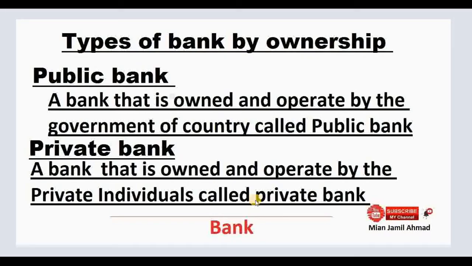The ownership of the bank is led or controlled by the government of that country. The other is the private bank. A private bank is owned or operated by private individuals. Private banks are wholly or solely controlled by private people or businesses.